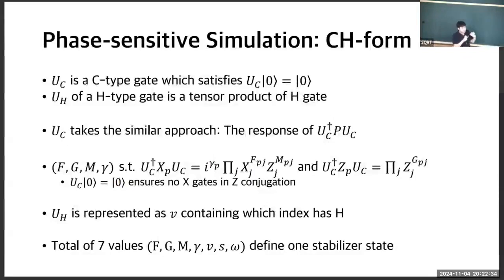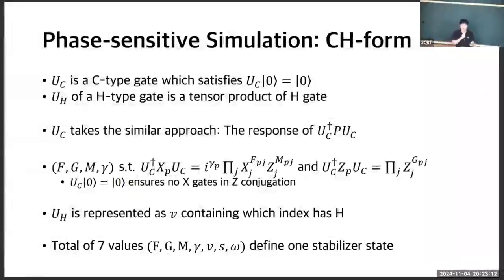For UC, you see, the previous one considers G dagger PG to update according to that gate, to encode the states into X and Z components. And this also takes that approach, considering UC dagger P UC, and all of them have things about XP or ZP here.